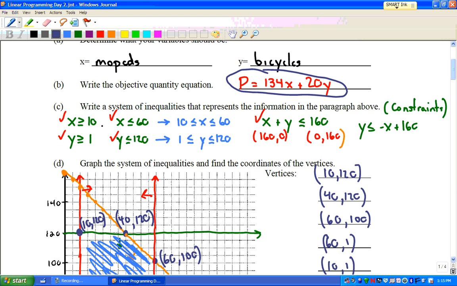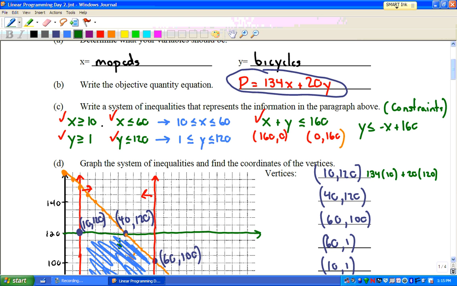Okay, so I'm going to substitute this in here. My profit for this one is going to be 134 times 10 plus 20 times 120. So when we do that, let me pull out a calculator real quick, and you can do this with me too.